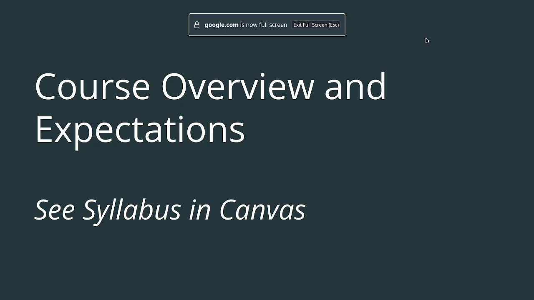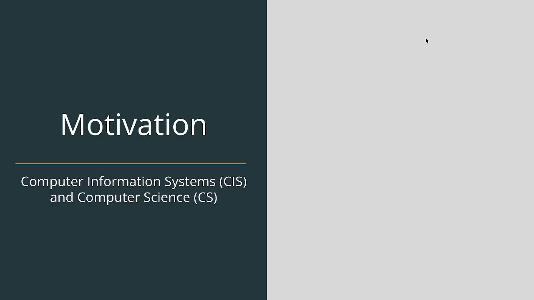Let's do a bit of motivation and then move on to setting up our development environment and then go on to the lessons. So let's motivate this. This might be people's first computer science or computer information systems class, so let's talk about what the future can entail.